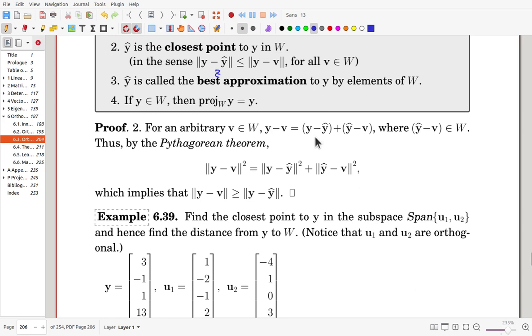So by using the Pythagorean theorem, the norm squared of that one is the same as the norm squared of this plus the norm squared of that. That is the Pythagorean theorem. Now, if we compare these two, this is always non-negative. That means this must be at least this one. So this completes the proof.